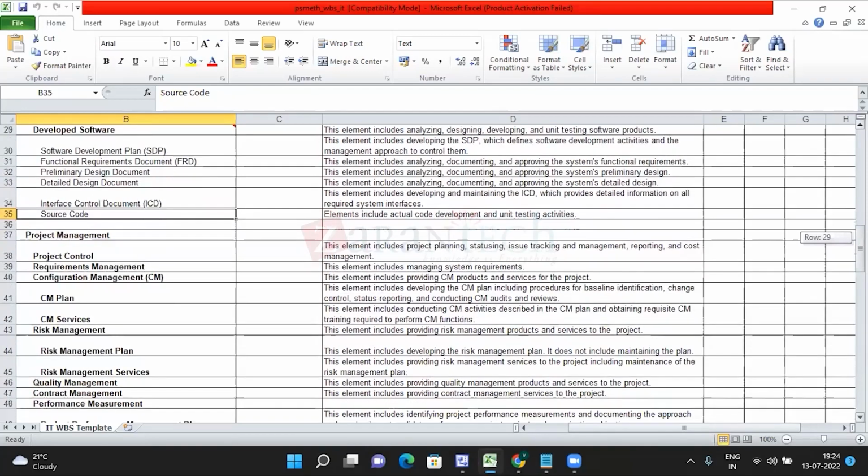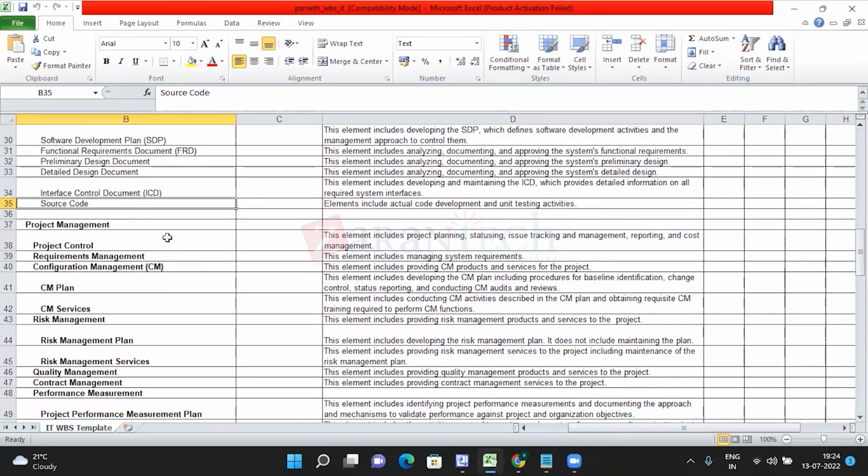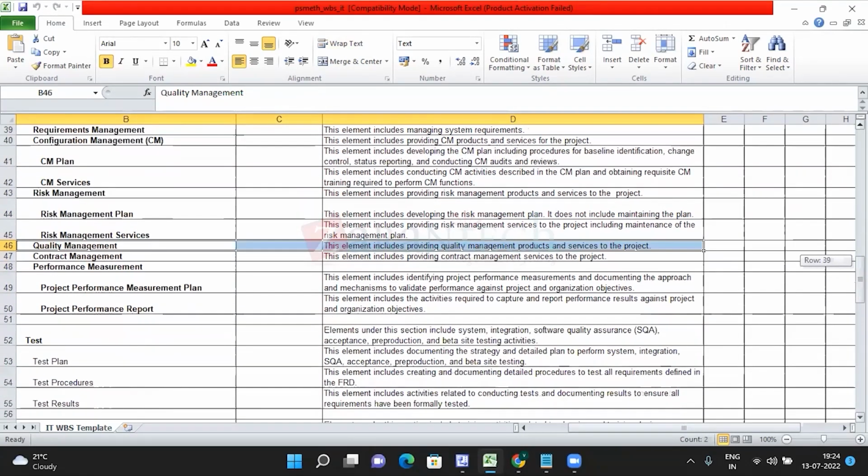And in terms of project management, how we are monitoring this part, like reporting in terms of tracking resources, time or cost, all this. In terms of requirement management, configuration management, what we have done, or is there any configuration management plan document ready, or risk management plan document ready, or quality management plan document ready. All these different documents we are going to create.